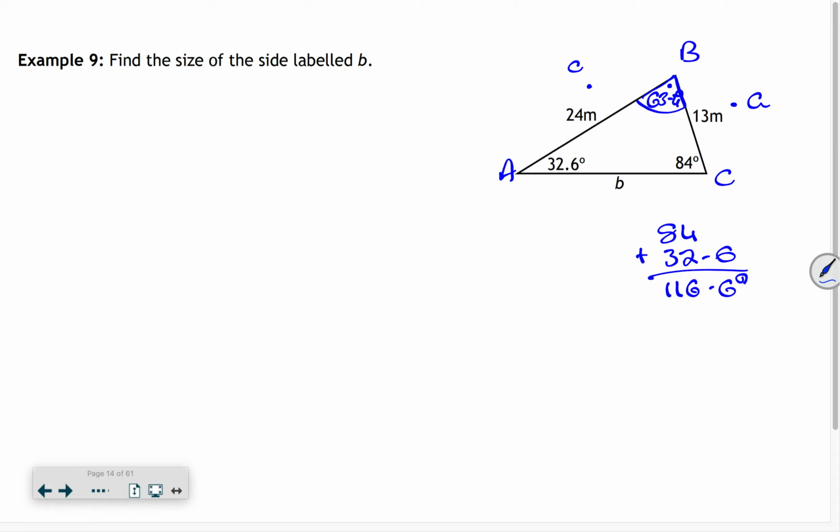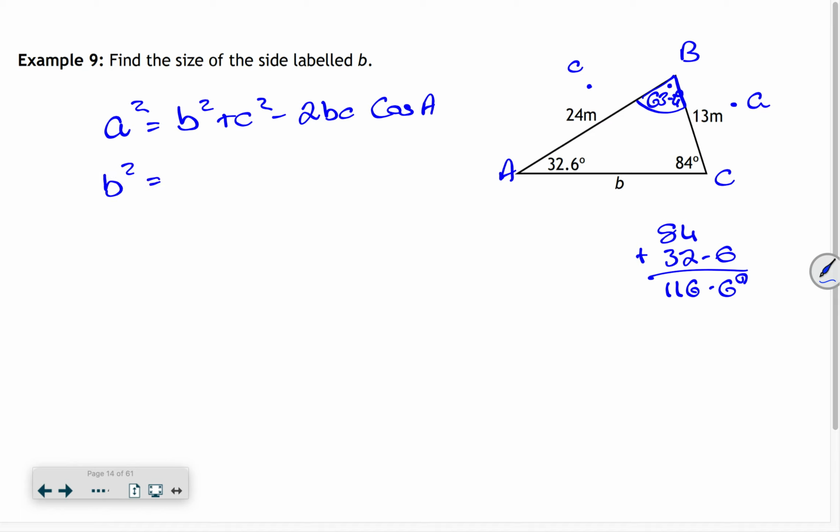So always start by writing out the formula that you're given. So the formula from the exam booklet would be a squared is equal to b squared plus c squared minus 2bc cos a. And then make the formula fit your situation. You're asked to find out the value of b. So it's going to be b squared.